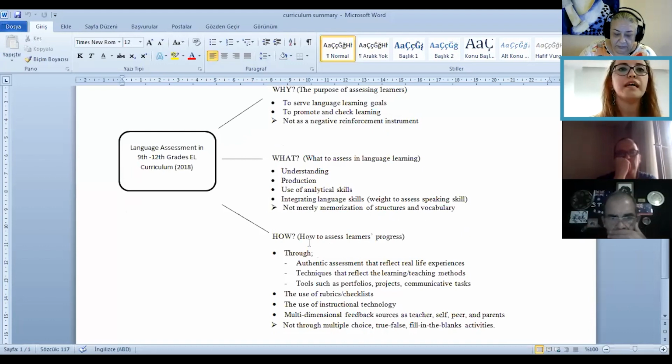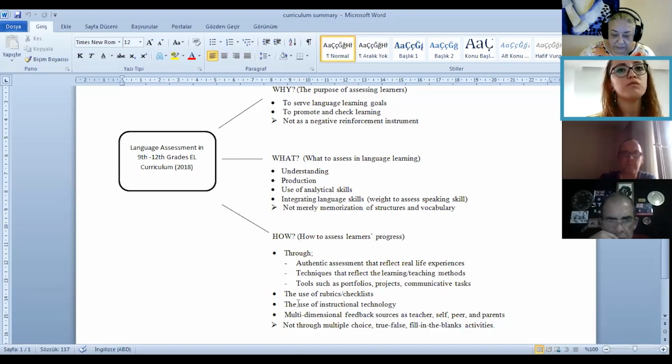And the how part: how to assess learners' progress, which methods and techniques to be employed. The curriculum tells teachers to assess learners through authentic assessment that reflects real life experiences, techniques that reflect the learning and teaching methods, and tools such as portfolios, projects, and communicative tasks.